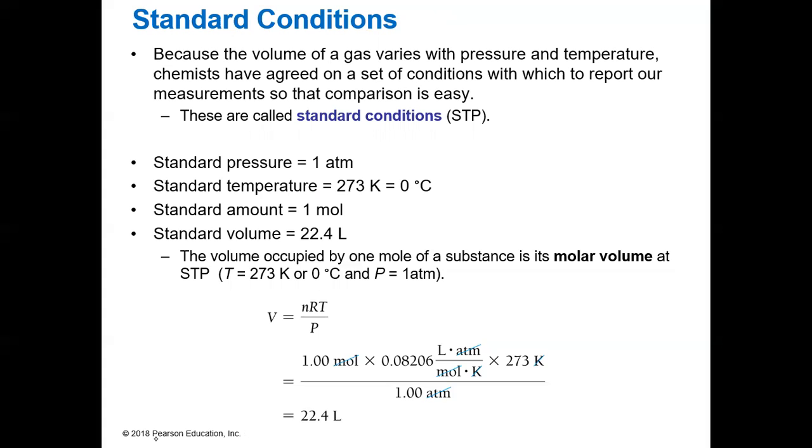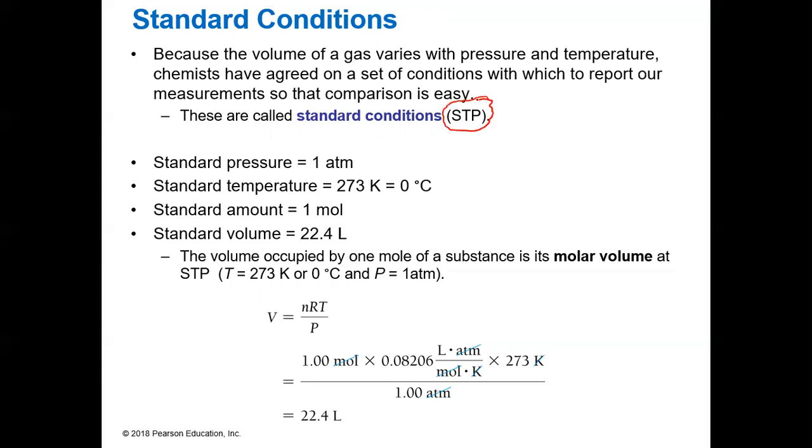So we set all these standards so that when we take a measurement, someone maybe in China who's doing similar research can refer back to our research and say, hey, okay, they did this under standard conditions and got these results, etc.